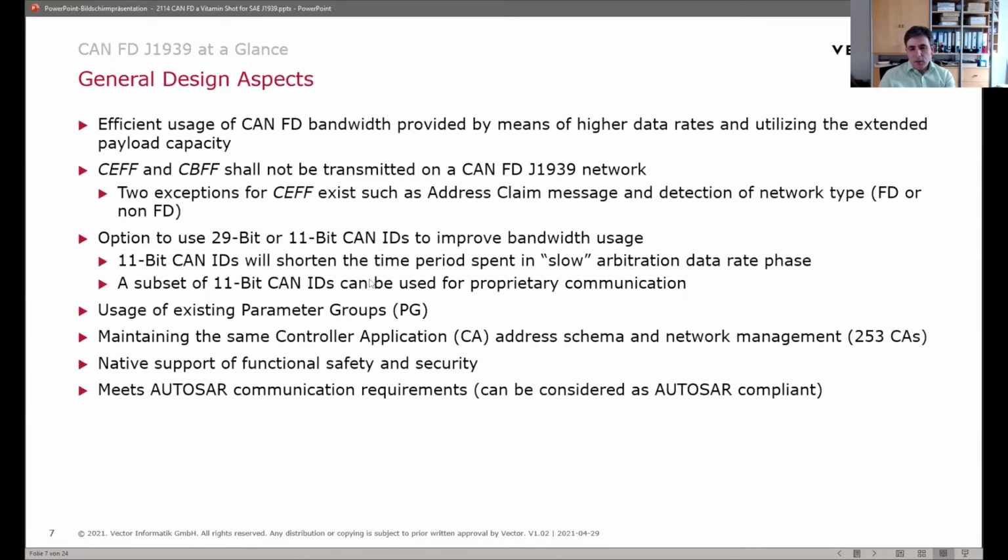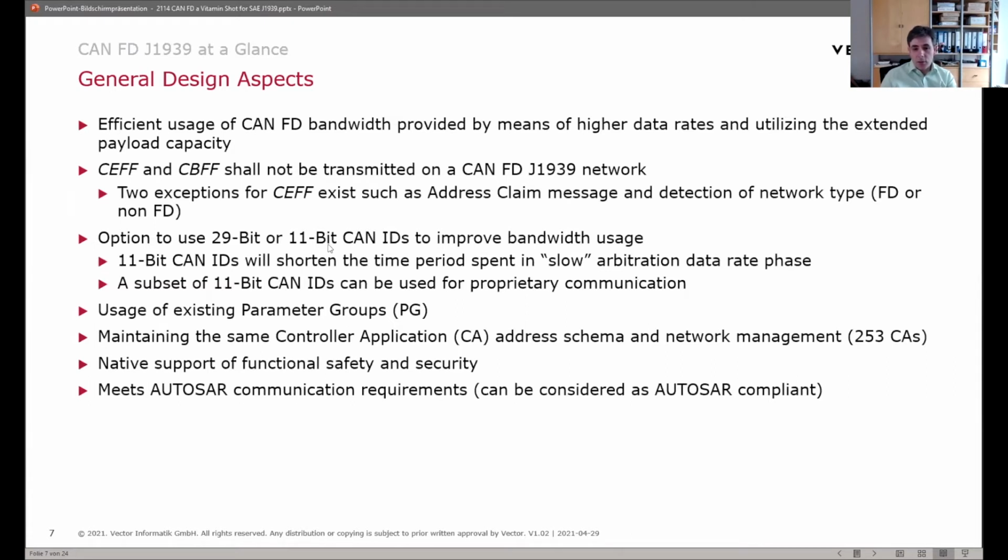And so the change here, if you look at the 11-bit communication in classic CAN J1939 and CAN FD J1939, is that you may know the 11-bit communication in the classic world is used for proprietary communication. And this is no longer the case. So 11-bit communication is now used for the standard of J1939.